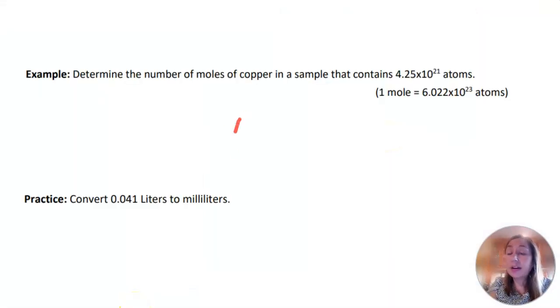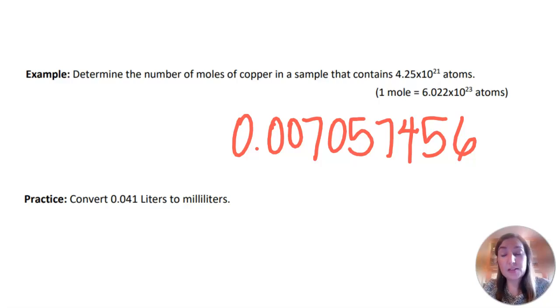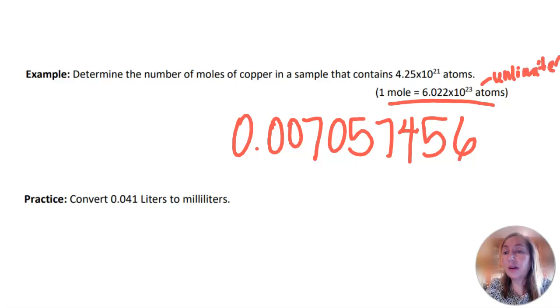Okay, so the answer we got on our calculator was 0.070574746. You would not want to write all that down. We don't have that level of precision. Our conversion factor is considered to have unlimited, or infinite, if you will, sig figs, so that doesn't factor in, but 4.25 has 3 sig figs.